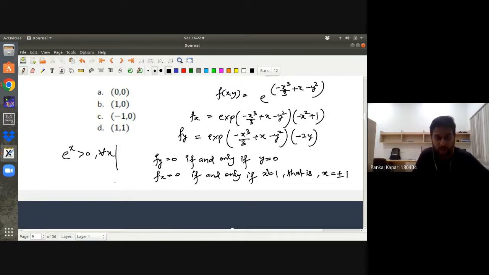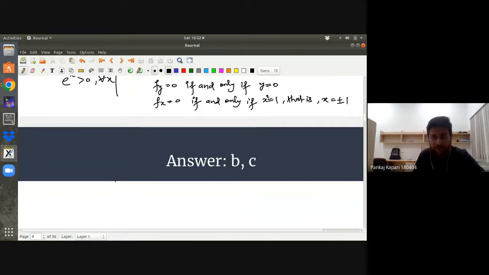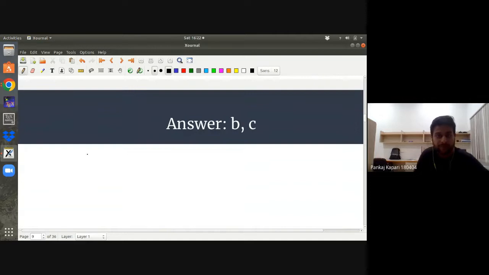So what are the critical points? (1, 0) and (minus 1, 0).